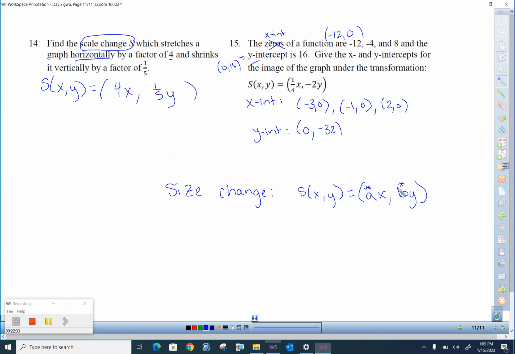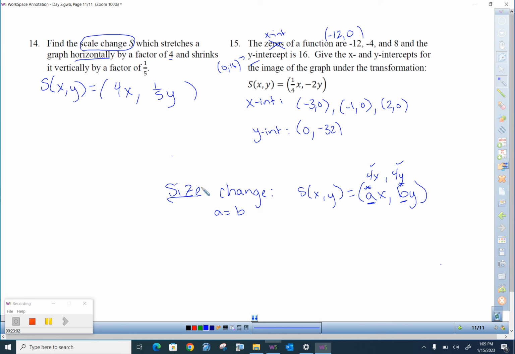Okay, but I'm putting this little notation here. A size change is when you have a scale change that affects the x-axis and the y-axis exactly the same. Basically, you have to see the same numbers here. So this could be a 4x, 4y, or any variation of that where these numbers match.